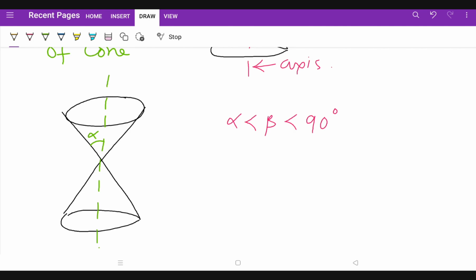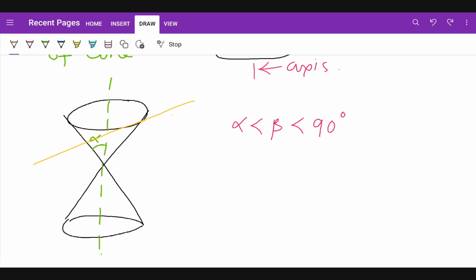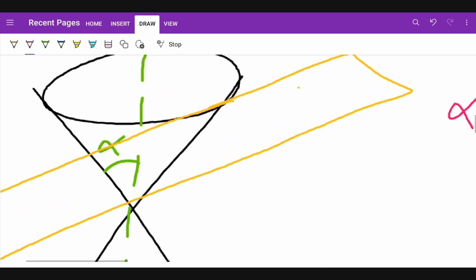So the plane will look like this. Let me draw it. The plane will look like this, and the shape here will look like this.